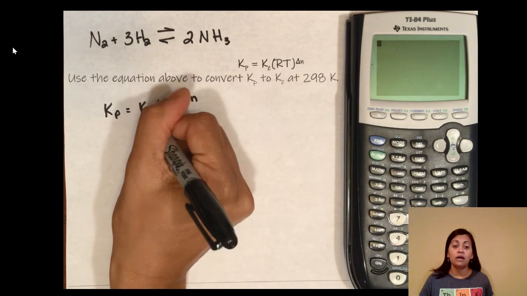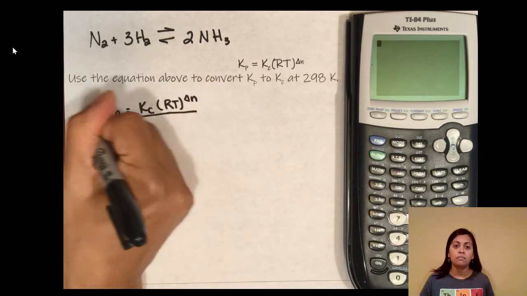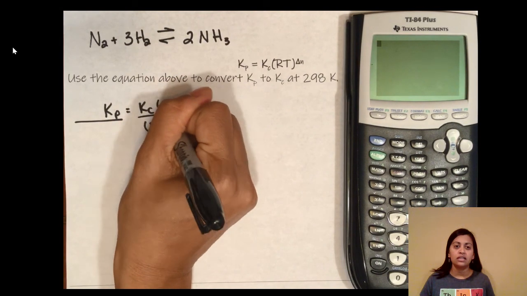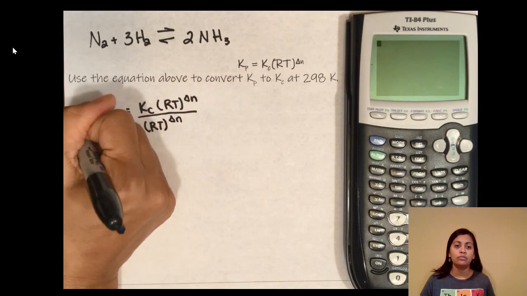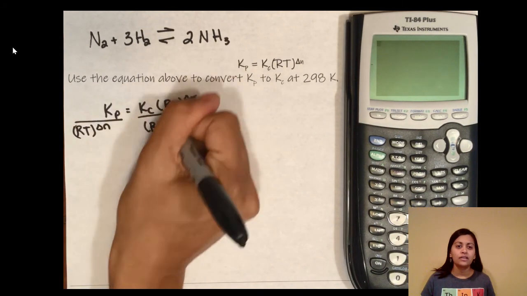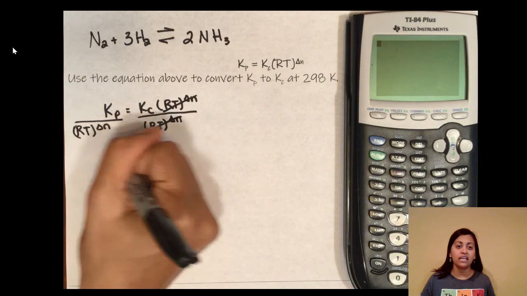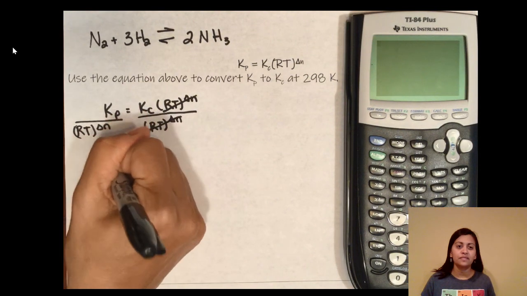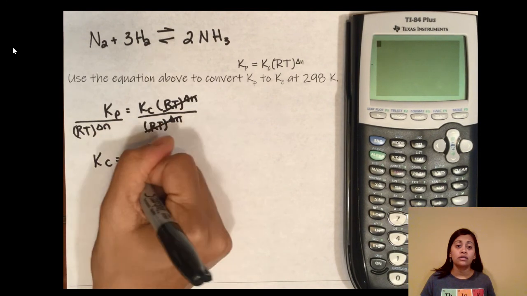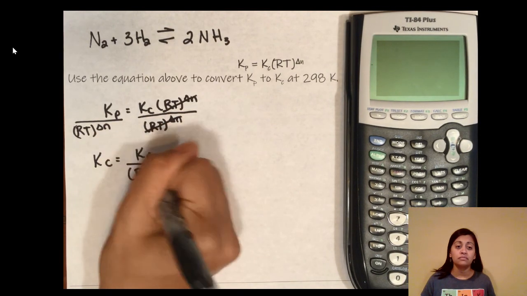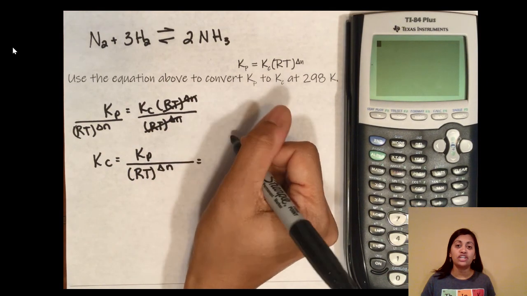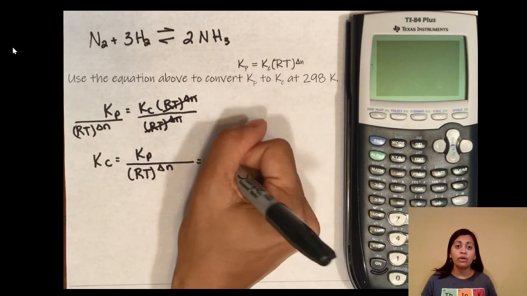So we want to divide both sides by RT raised to the delta N in order to cancel out the right-hand side. So again, Kc is equal to Kp over R times T, and the product is raised to the change in the number of moles.